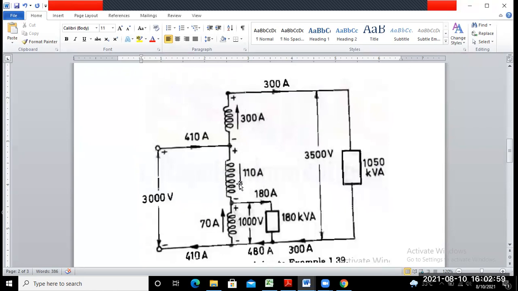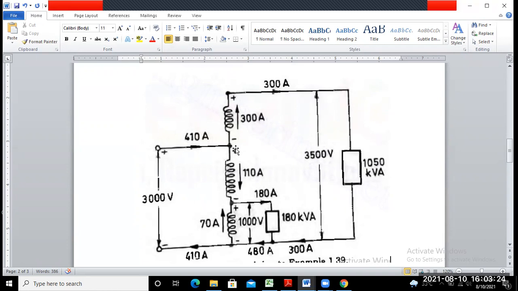According to KCL, at any node the summation of incoming and outgoing current is 0.